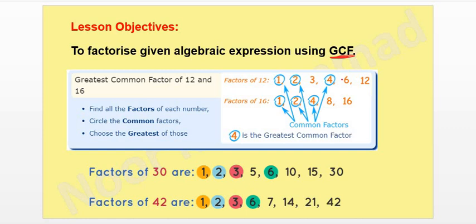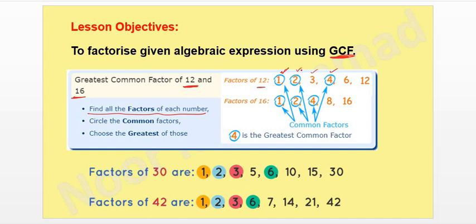How can we find the GCF of the given algebraic expressions? Quickly, let's revise from grade 6 and 5 how you learned to find the GCF. For example, if I want to find the GCF of 12 and 16, first of all, I will find all the factors of each number. That means I have to list all the numbers that can divide 12.